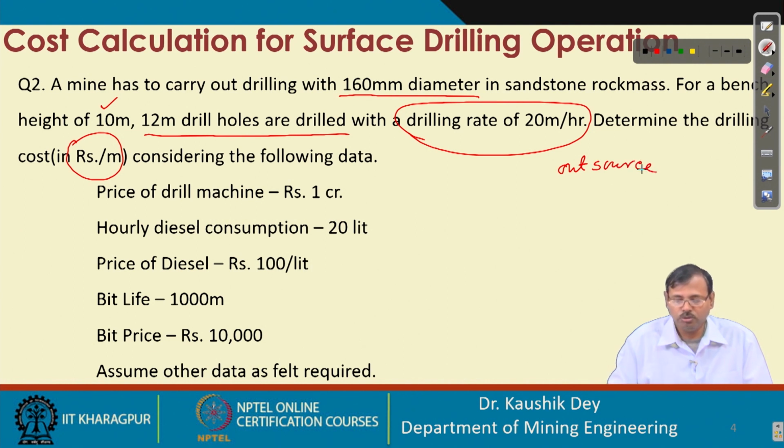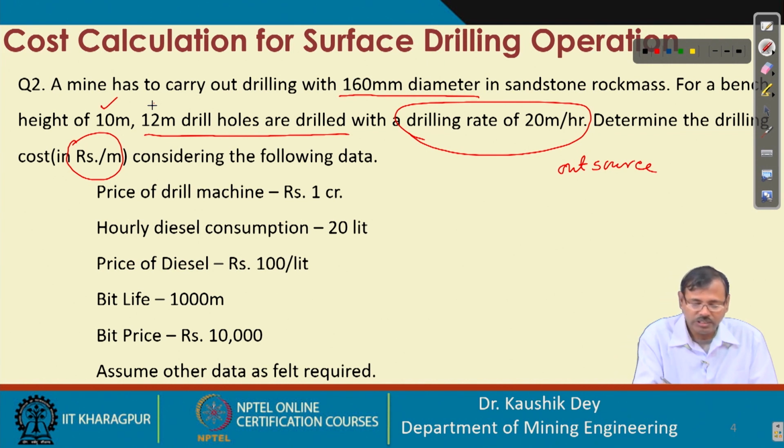If it is given on an outsource basis, then we calculate in rupees per meter, because the outsource organization may claim that there is 2 meter sub drilling, which is not included in the production of the mine. That is basically additional drilling requirement, but it is not related to the production, so it is not included there. So the outsource organization may ask for payment in rupees per meter. In that case the drilling cost is determined in rupees per meter, not in rupees per meter cube.